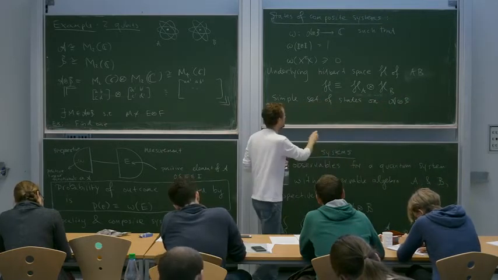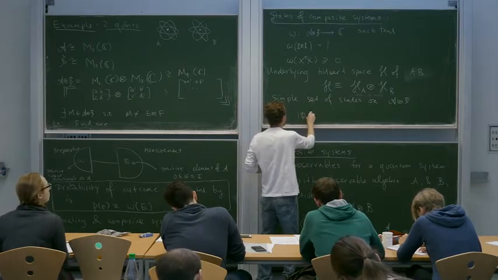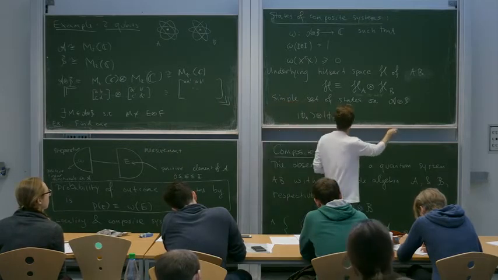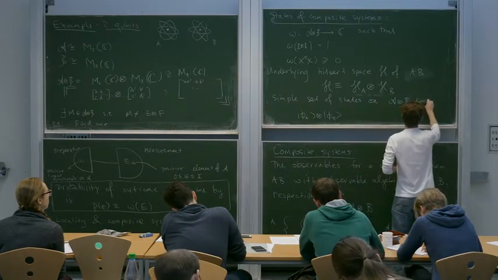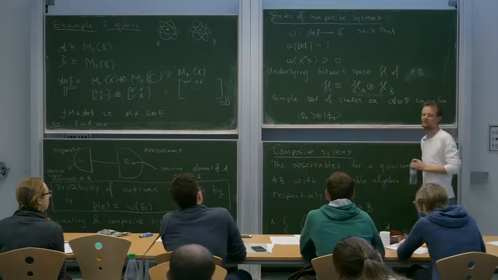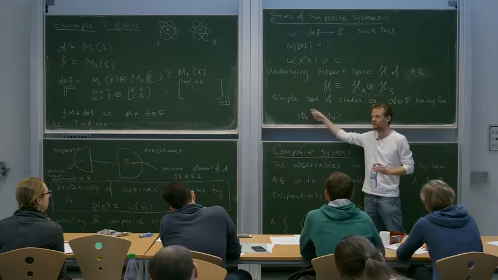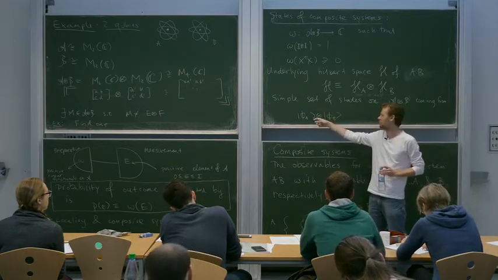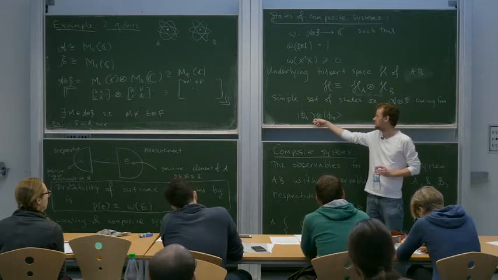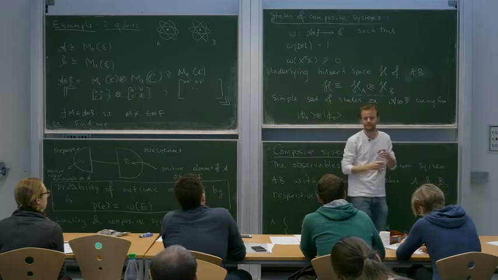And those are any states of the form phi A tensor phi B. To be utterly pedantic, a state would come from a vector of this form here, but from now on we're going to pretty much just call this a state and know that what that means is the expectation value like this.